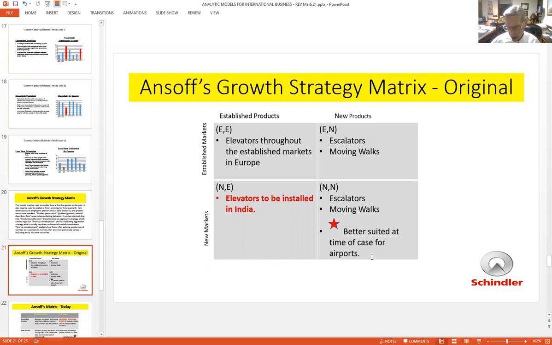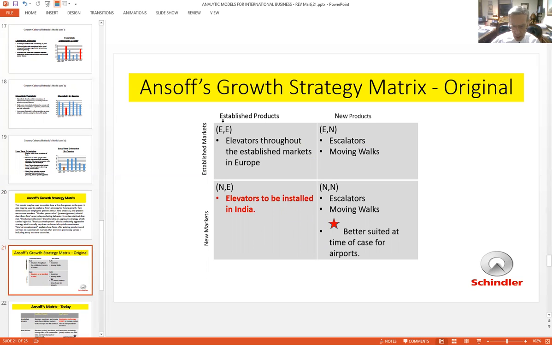This happens to be an analysis of the Schindler Elevator Company when it made a move from Switzerland to India. And at the time, this was Schindler's mix of products, I guess.